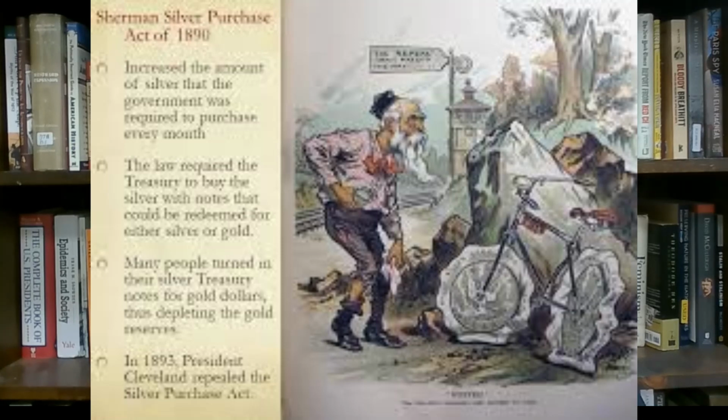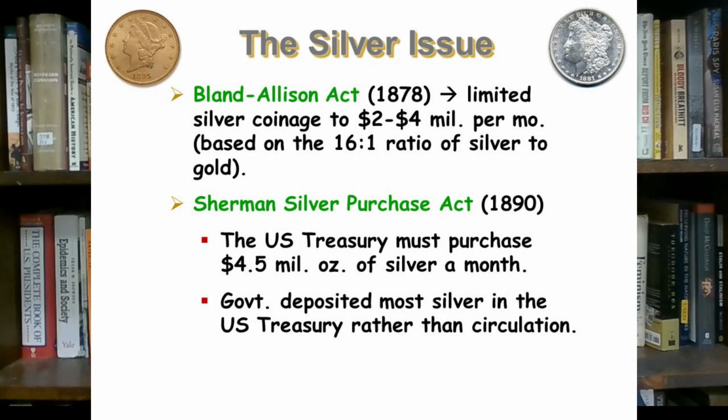The consequences were that the artificially overvalued currency in silver drove the artificially undervalued currency of gold out of circulation. In the metal markets, silver was worth less than the government's legal exchange rate for silver versus gold. So, investors bought silver, exchanged it at the treasury for gold dollars, and then sold these gold dollars in the metals market for more than they paid for the silver.